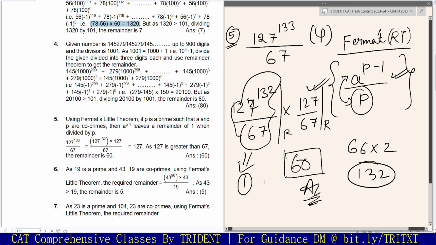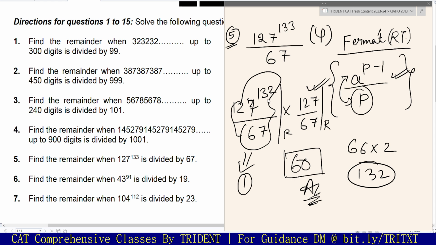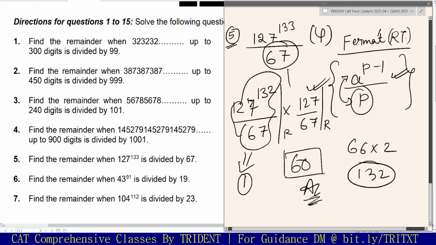Also, before moving to the next question, let me also iterate one more thing. There is a very good possibility that I can solve the same question with Euler's expression also, because 67 happens to be a prime. In that case I can actually find out the totient of 67, and then I can proceed with it.